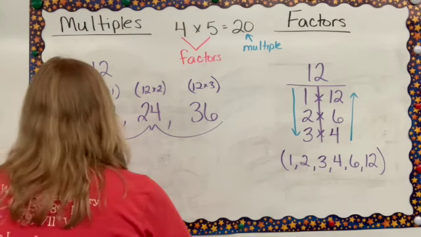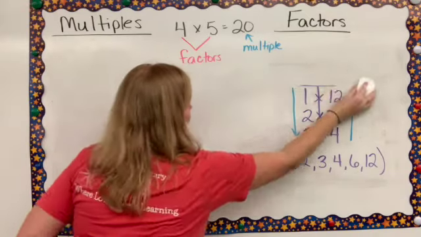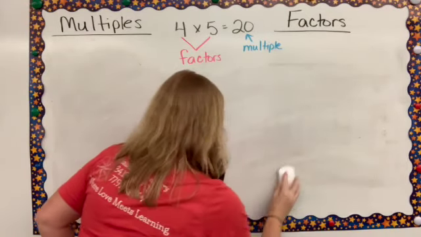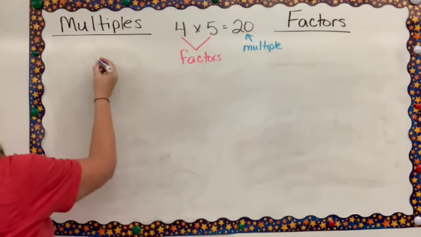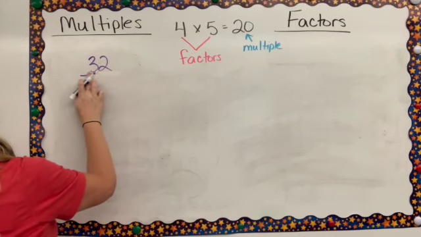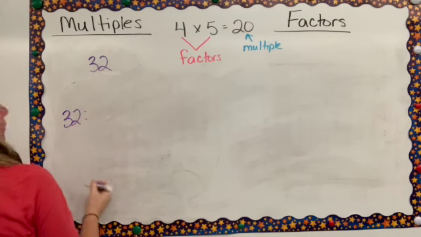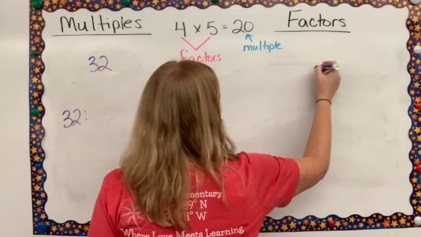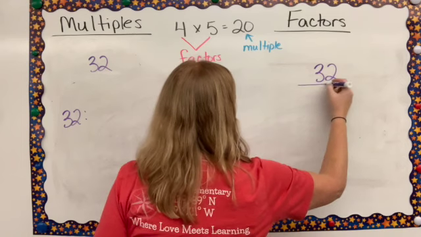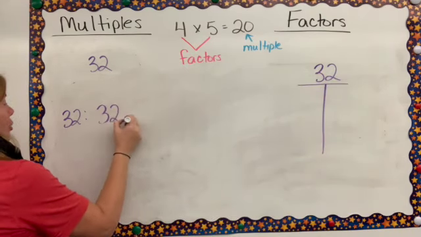We're going to do a big one. Let's do 32. The multiples of 32. What's my very first multiple? Absolutely. My very first multiple is 32.